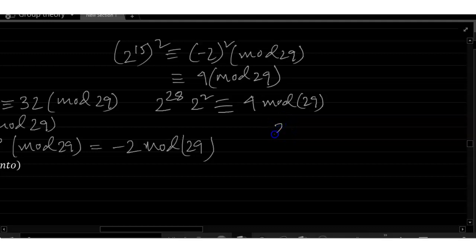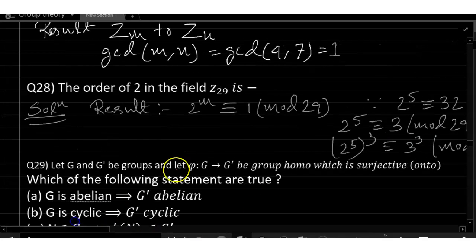After that, it can be written that 2 to the power 28 equals 4 by 4 mod 29. So my answer is 2 to the power 28, which means the order is 28.